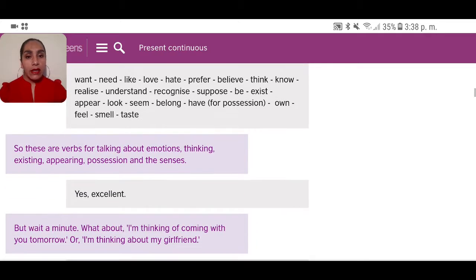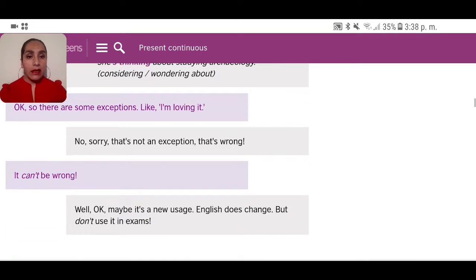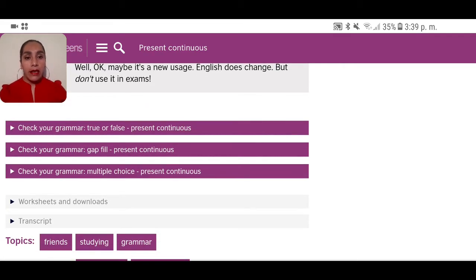Además de todos los ejemplos que tienen ahí y las explicaciones de la gramática, casi al final pueden encontrar en esta sección un quiz para que puedas checar tu gramática. Tienes un gap filling, que es un ejercicio de rellenar espacios. Y tienes también otro quiz de multiple choice, de opción múltiple. ¿Ok?